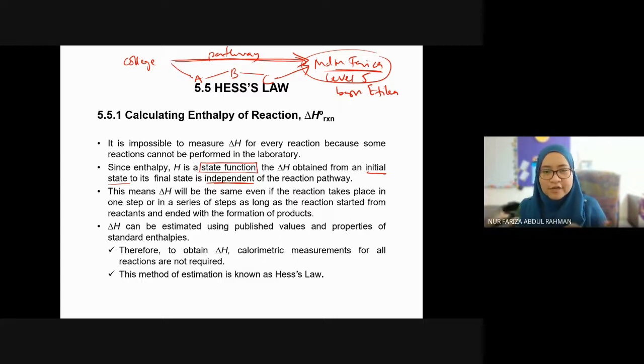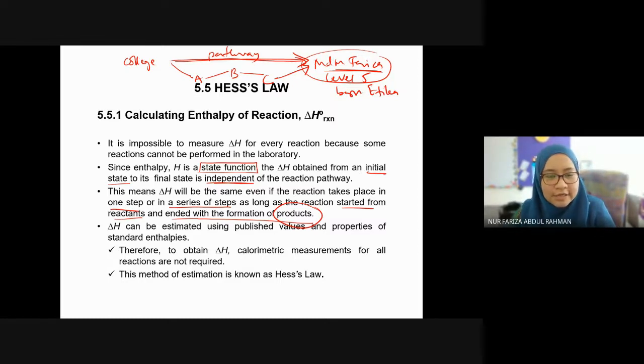Either way you will still get the same result, the same product. So this means delta H will be the same even if the reaction takes place in one step or in a series of steps, as long as the reaction started from reactants and ended with the formation of products. It doesn't matter what happens in the middle, whether it goes straight or takes a winding route; the final state should be the same.